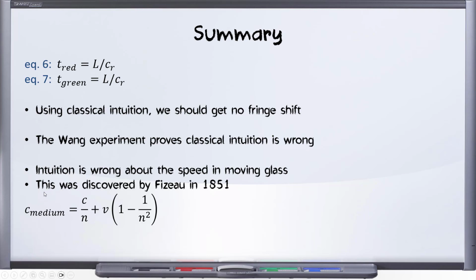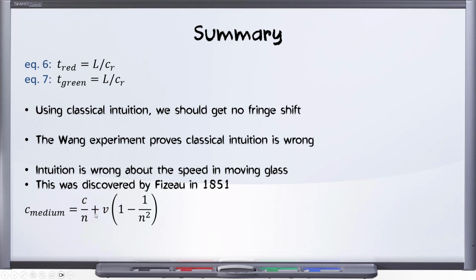And in fact, I had forgotten this myself, and I only rediscovered this by digging into why this came out so horribly wrong. I discovered the Fizeau experiment in 1851 had literally measured the speed of light in moving mediums to not be what we expected, which was c over n plus v, but that's not what it is.